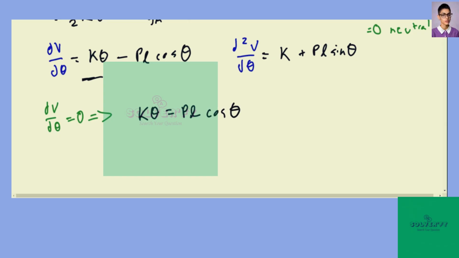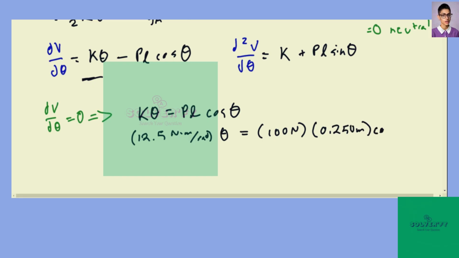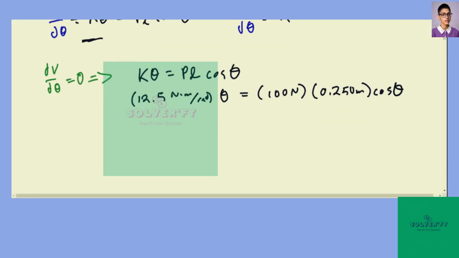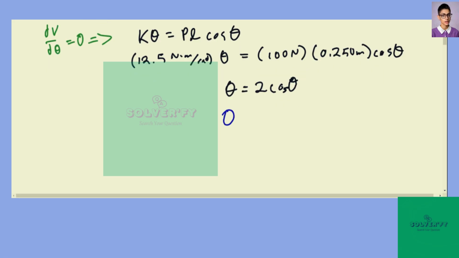Or in other words, we can go ahead and sub in our actual values of 12.5 newton meters per radian times theta radians equals 100 newtons times 0.250 meters times cosine theta, which simplifies quite easily into just theta equals 2 cosine theta, which has only one numerical solution, wherein theta equals 59 degrees.